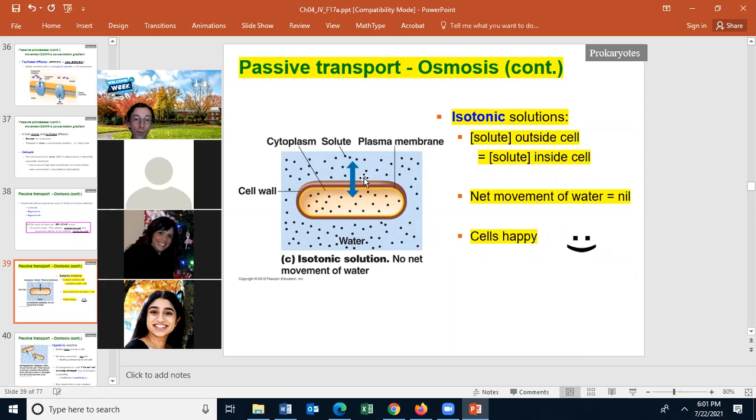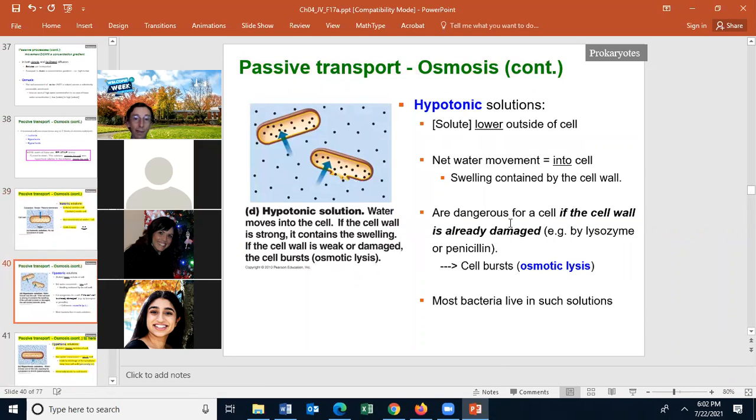There will be no net movement of water into or out of the cell. And the cell will be happy because it's in an isotonic solution. It doesn't have to worry about bursting if it's lacking a cell wall. And our red blood cells, when they're in the blood, are in an isotonic solution. Any question about any of that?